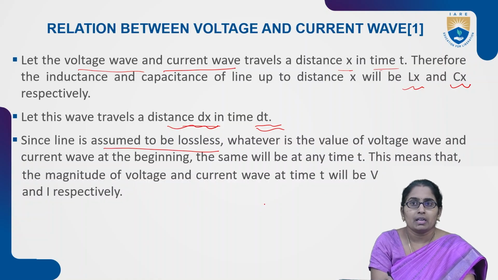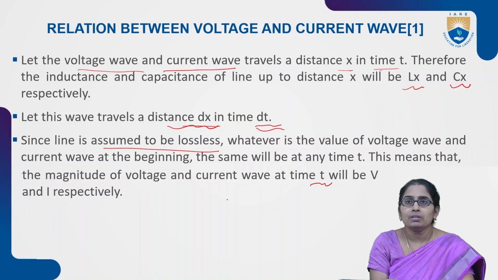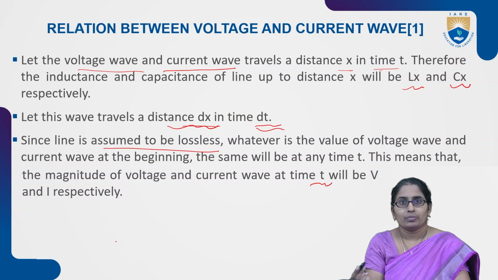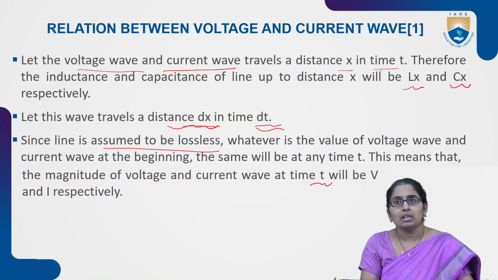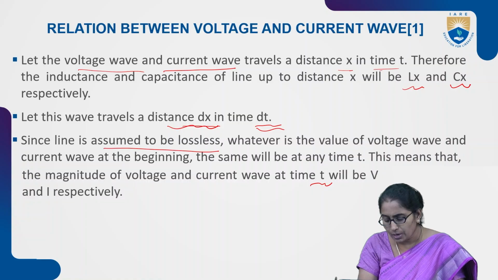So let us say these are the values of voltage and current given to the transmission line.